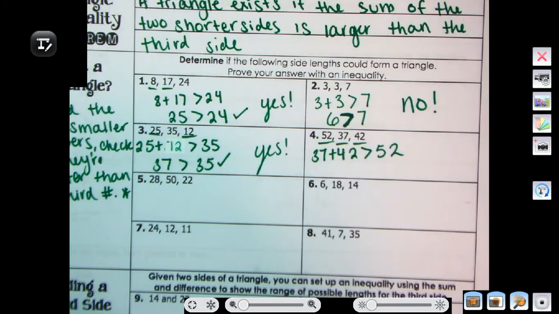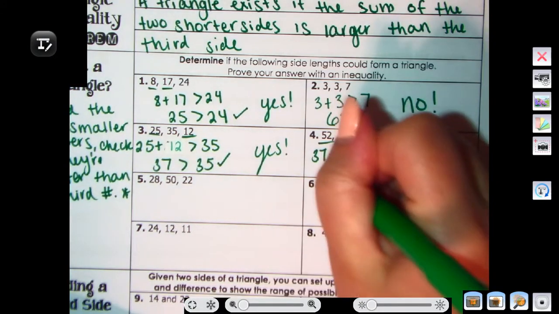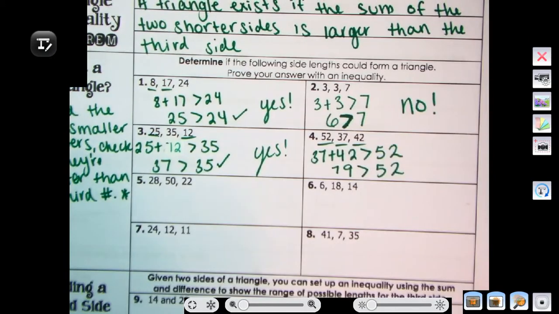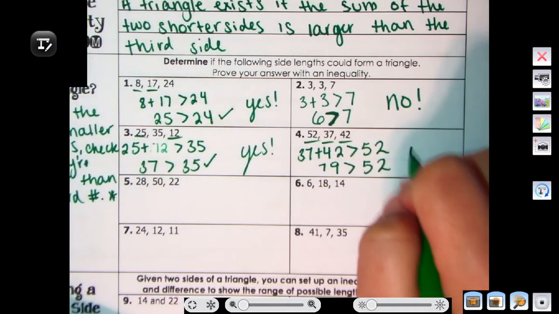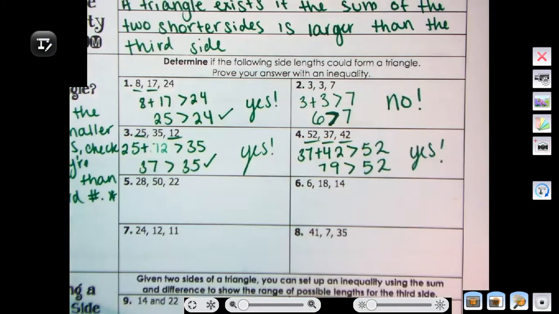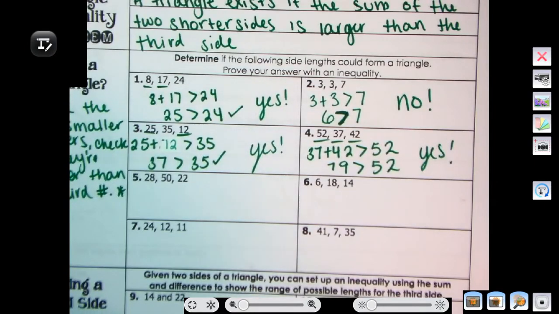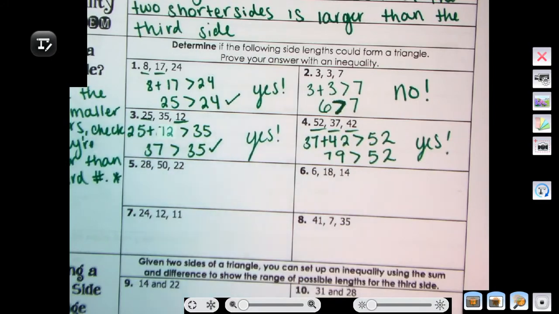Would they give you something that's greater than 52? Yes, they would. So 79 is greater than 52, so that's a yes. So go ahead and do the math with these next 4, just so you get some quick practice with it, and then I will tell you the answers. So pause and try those out.